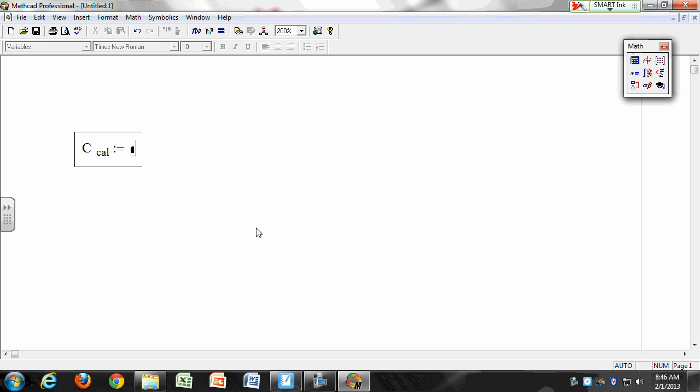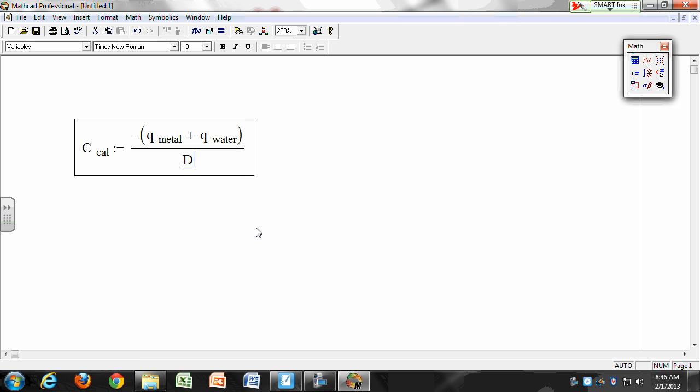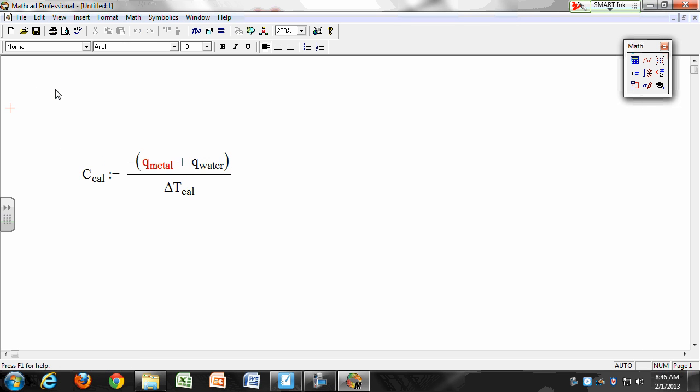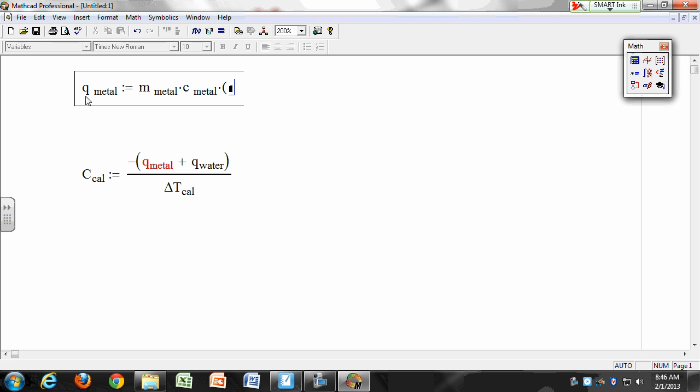C cal equals negative Q metal plus Q water divided by delta T cal, right? So it doesn't know what those are, so let's define what Q metal is. Q metal equals mass of metal times specific heat of the metal times T final minus T initial Ti metal, right?